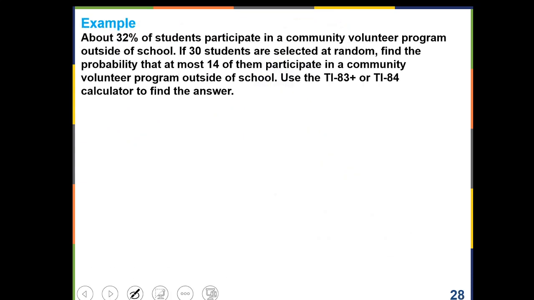It says about 32% of students participate in a community volunteer program outside of school. If 30 students are selected at random, find the probability that at most 14 of them participate in a community volunteer program.